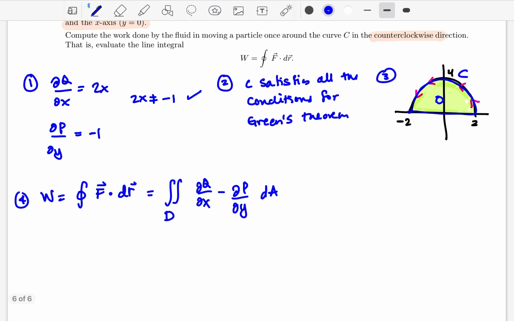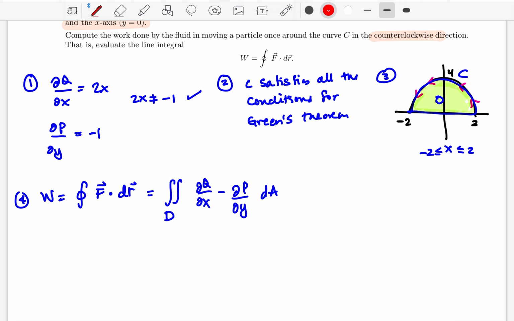Now, what is my region? We know how to integrate over a two-dimensional domain; we did this before when we talked about double integrals. We see that x goes from negative 2 to 2. Now, y goes from 0 to the curve. But we already know what this curve is.